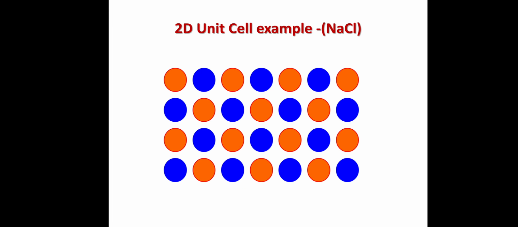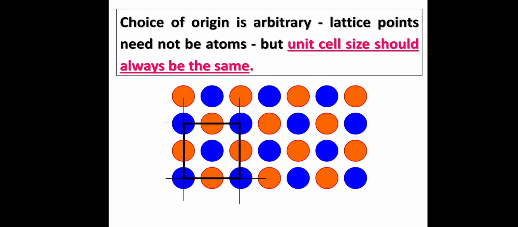So another example of a two-dimensional unit cell. I have taken the example of sodium chloride, orange and blue. You can take orange as sodium and blue as chlorine, or vice versa, but you are observing definite periodicity in two dimensions, that is the xy plane.